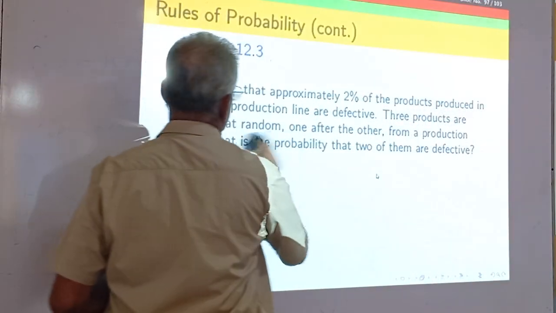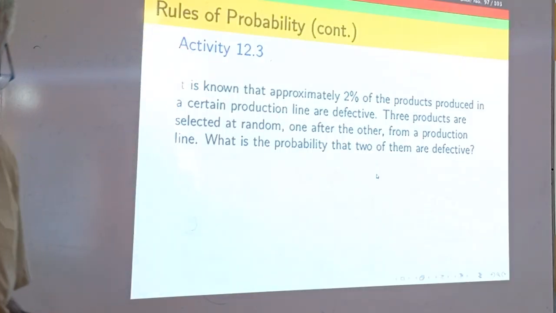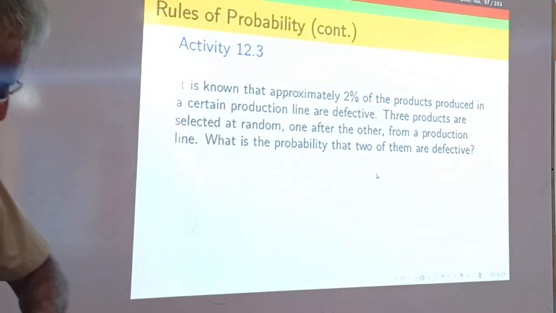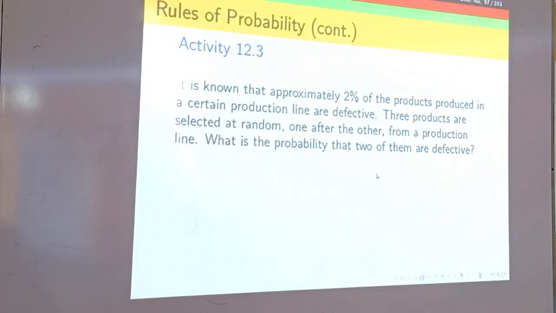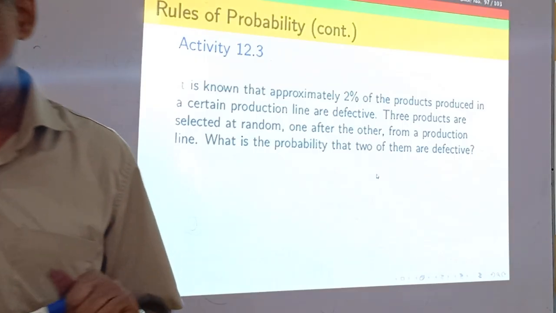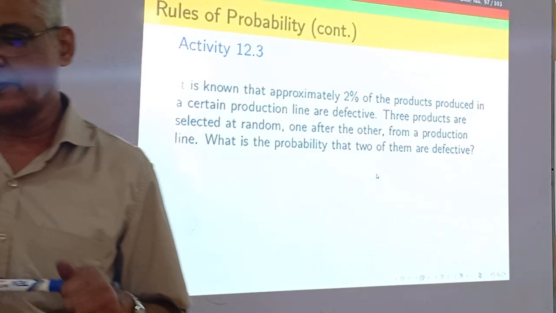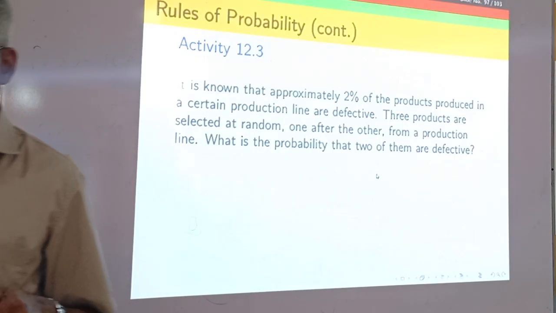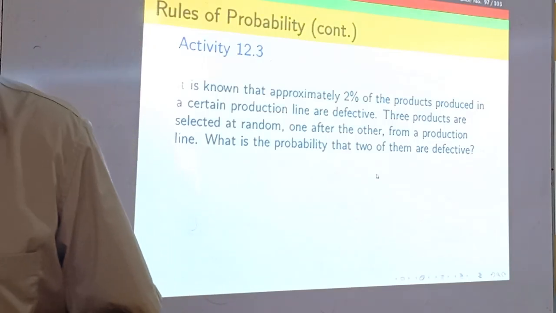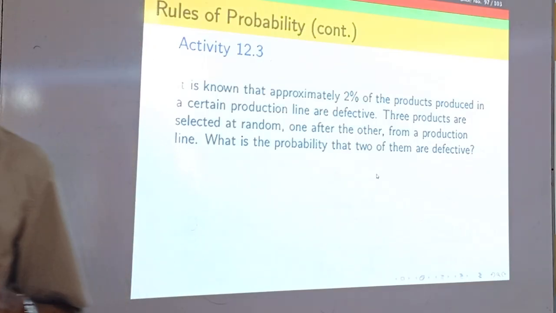Let's see whether we can answer this question. It is known that approximately 2% of the products produced in a certain production line are defective. 3 products are taken randomly, one after the other, from the production line.